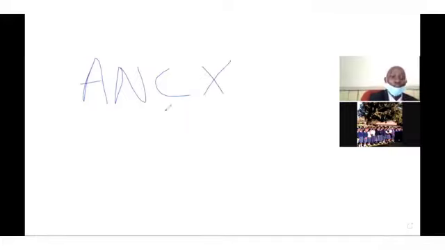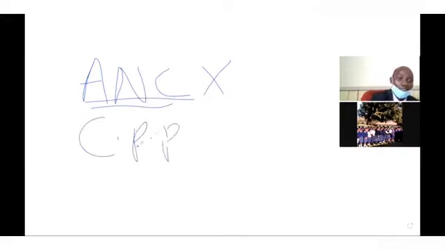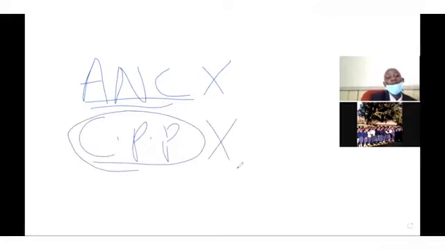African National Congress, that is what is required. You can be asked maybe the political party which led Ghana to independence, and a student writes CPP. This will not be accepted. It will be wrong. You are supposed to give Convention People's Party.